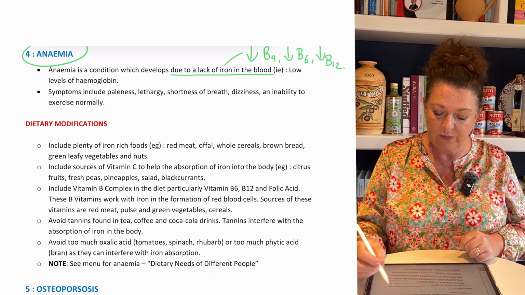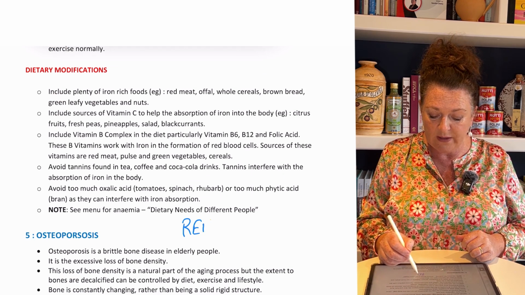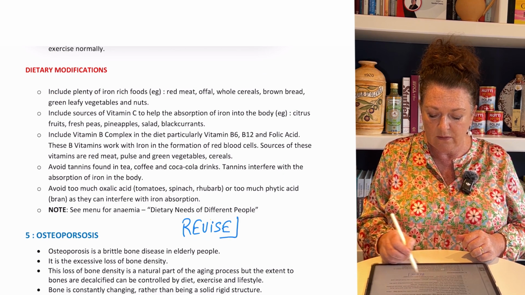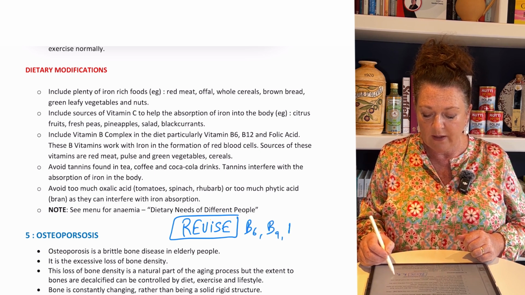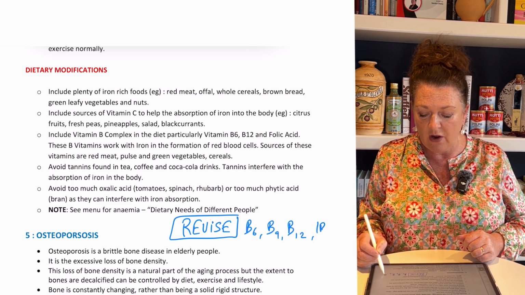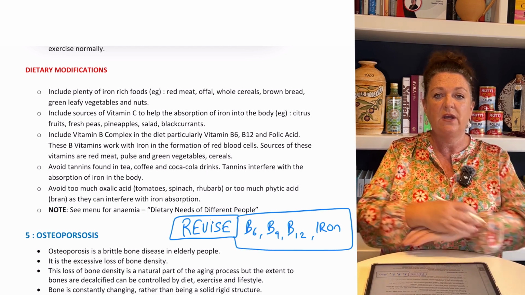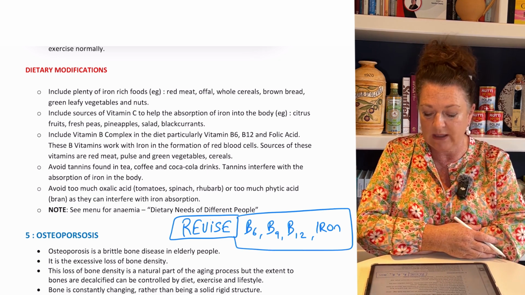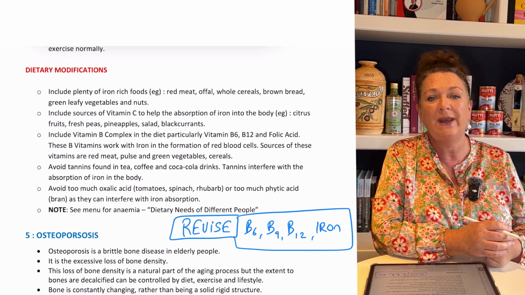In fact, I would put here at the bottom, revise vitamin B6, vitamin B9, vitamin B12 and iron. Remember, they all work together collectively to produce red blood cells, and a deficiency of any one of them will lead to anemia.